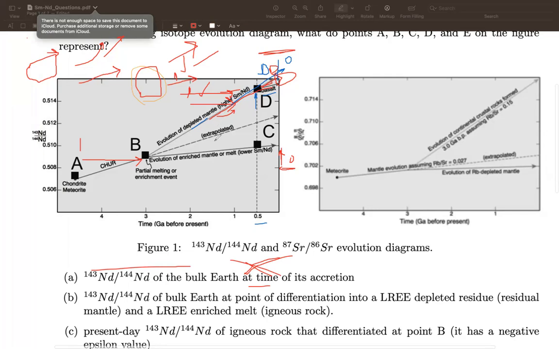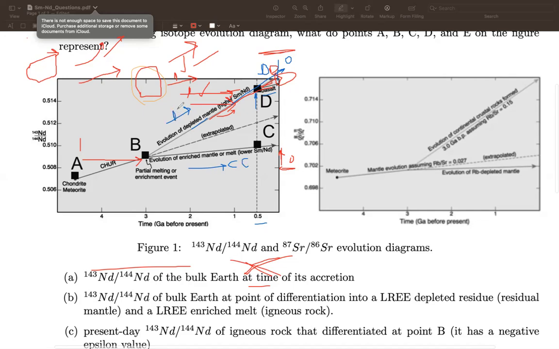After the continental crust formation, what happened to the mantle? It became depleted. So now this is a depleted mantle evolution curve, right? This is continental crust because neodymium concentration is low, and this is depleted mantle.